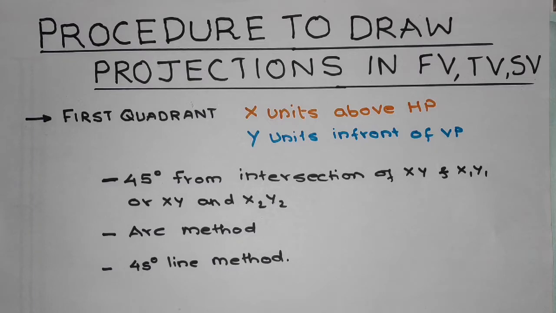The second method is the arc method and the third method is the 45 degree line method. In this lecture we will see how each method is different from one another, but ultimately they give you the same solution. So let us begin with the first method, 45 degrees from the intersection of xy and x1 y1 or xy and x2 y2 line.